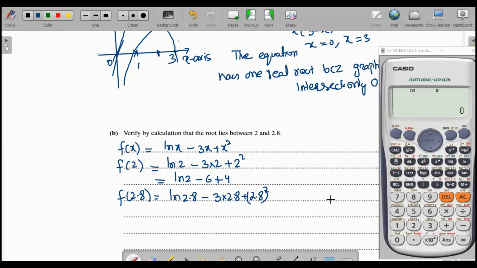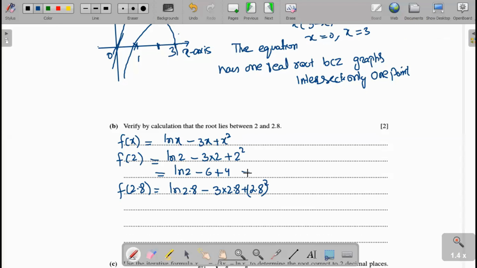Now we calculate. Now ln 2 minus 6 plus 4. Now the value is minus 0.30. Here the value is negative, 0.30, that is less than 0.